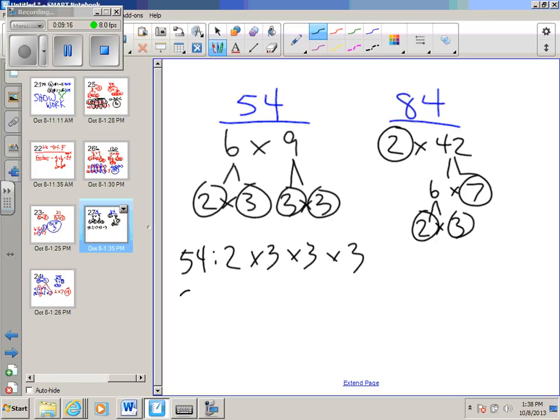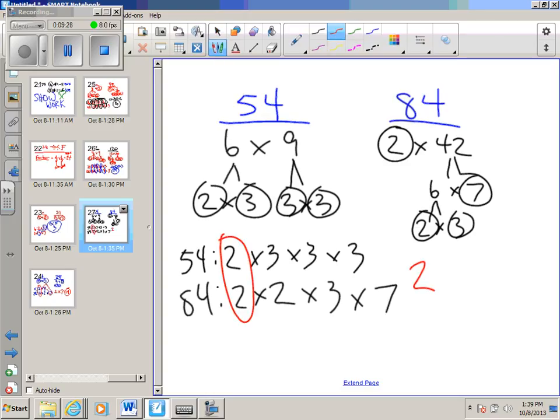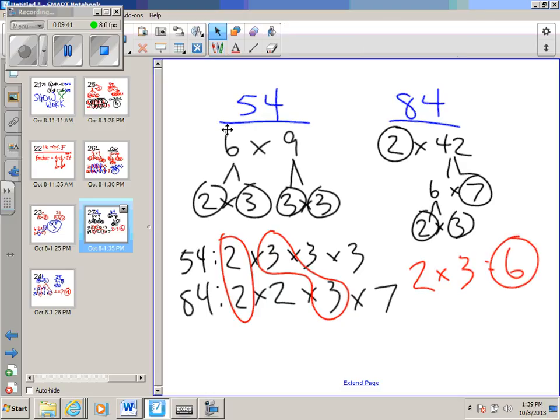Okay. So 2 2s, a 3, and a 7. They got a 2. They have a 3. And anything else? 6. 6.